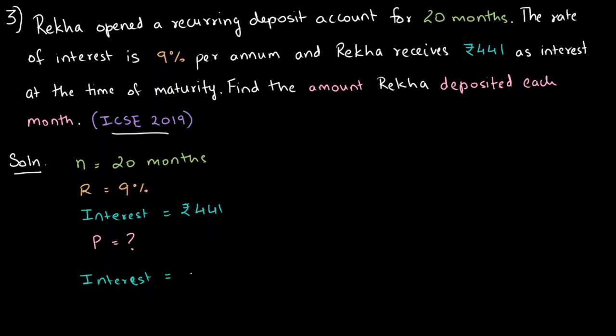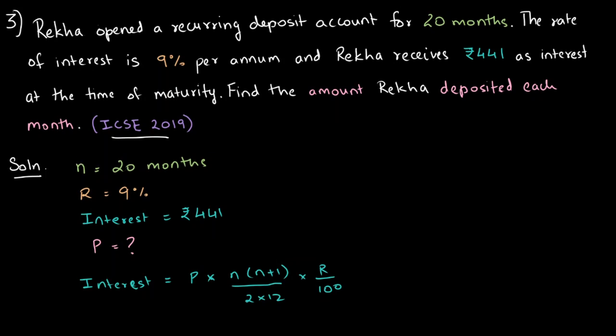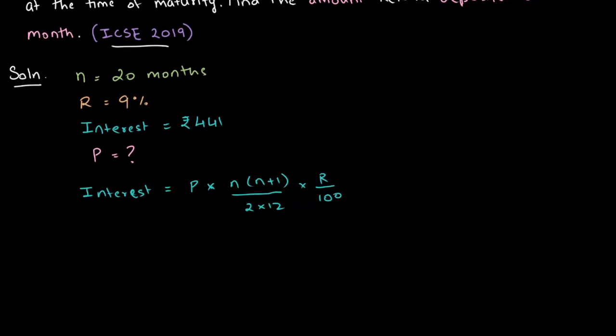So remember, the interest earned is nothing but P into n plus 1 upon 2 into 12 into R upon 100. And this is the formula for interest, and we'll be using this simple formula to calculate the unknown value P.